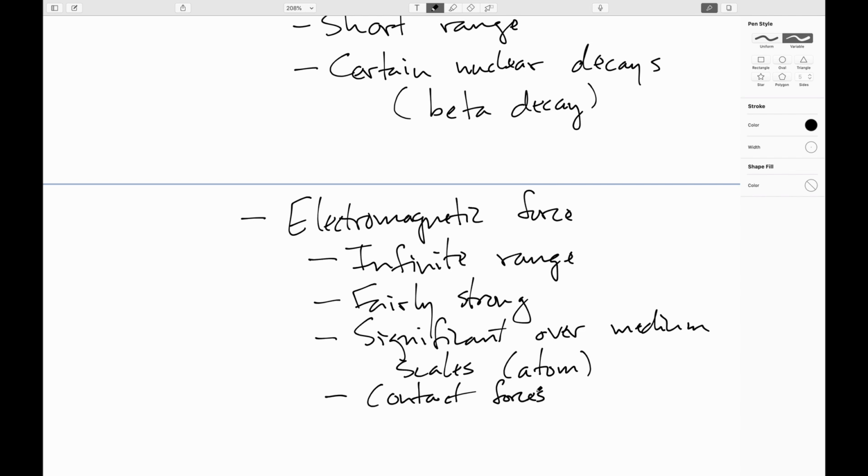But the long story short, this completely watered down, nearly completely canceled out force is allowing you to defeat an entire planet's gravity as you drink your beverage.